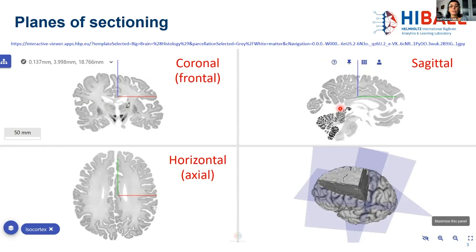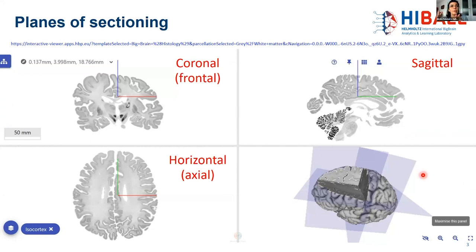Then we have the sagittal plane of sectioning, which divides the brain into right and left parts. If the section that you're looking at is located in the middle of the brain and it divides it into 2 equal halves, then we talk about a mid-sagittal or median location of the section.